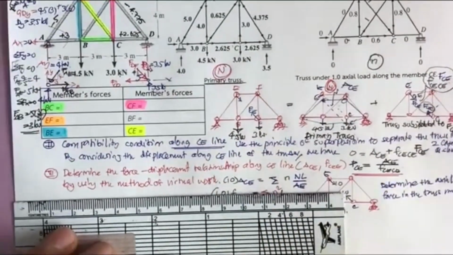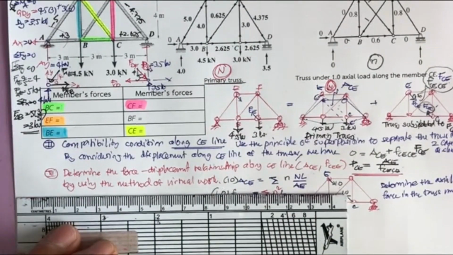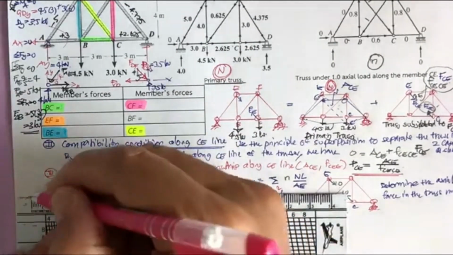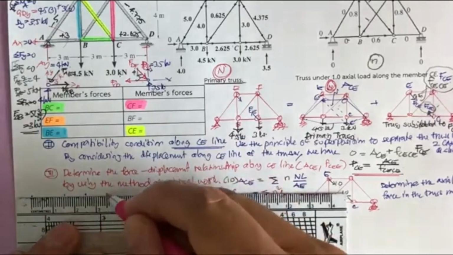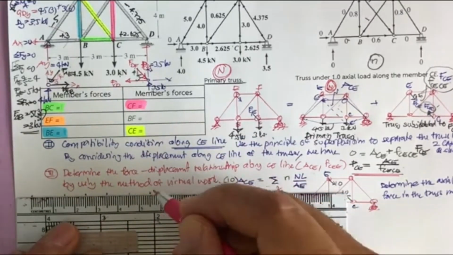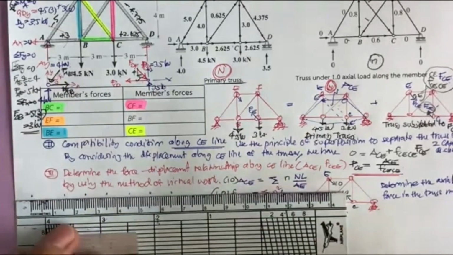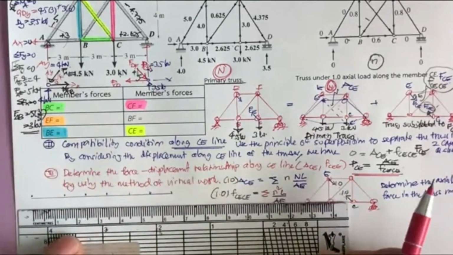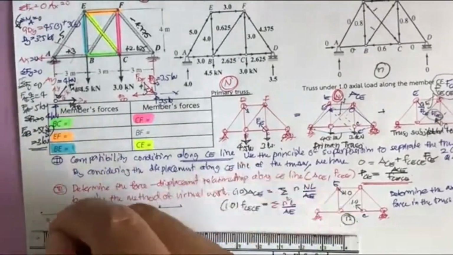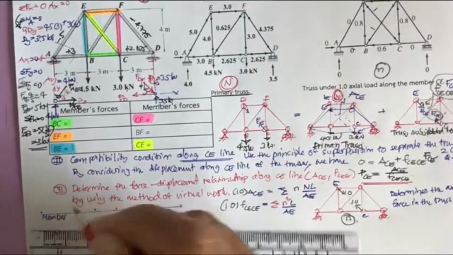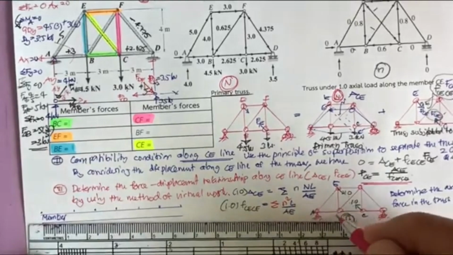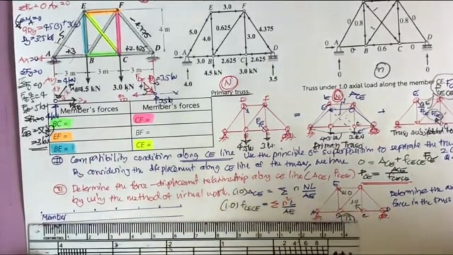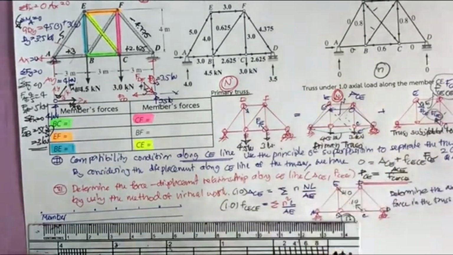We have 6, total 6. I'm talking about the 6, and this is going to be the member. From the equation we have the members AB, BC, CD, EF, and the others.